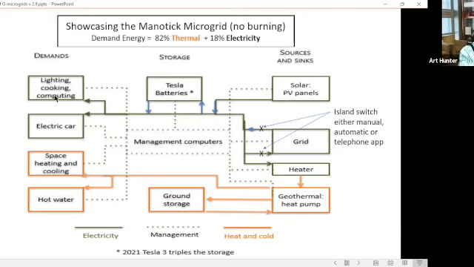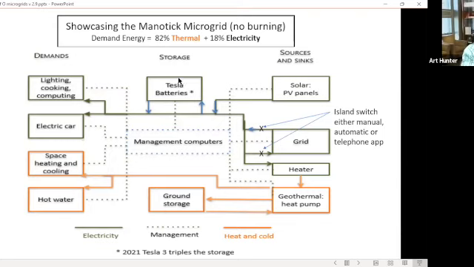Demands, of course, are lighting, cooking, computing, all the appliances and things in your house. Your electric car is a load, and space heating and cooling from the geothermal side is a load, as well as hot water.